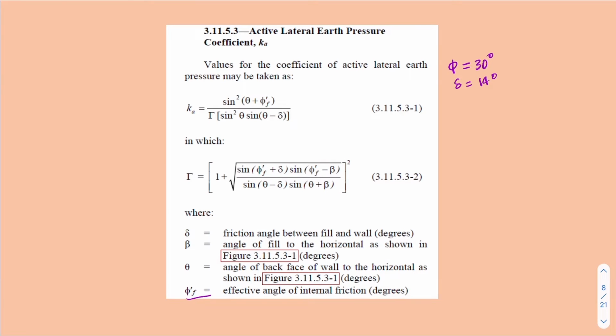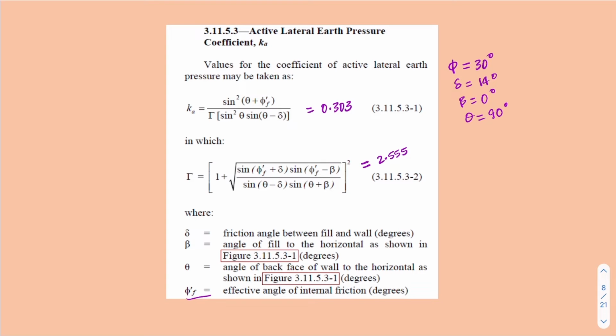Since the fill is pretty much flat, beta will be 0 degrees, and since the seat pile is vertical, the theta angle will be 90 degrees. So when you put these values in these equations, you will get this constant as 2.55, and if you put it here, you will get 0.303. So this is how you calculate the active earth pressure coefficient.